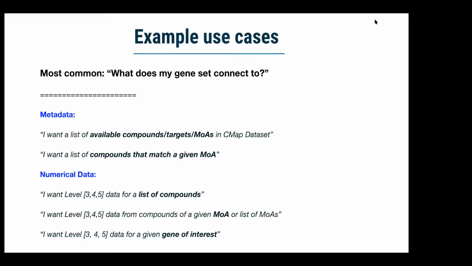You may also want compounds from a given mechanism and all of their associated data, or maybe slicing the data the other way and looking for the data across all signatures, but only for a given gene, maybe to identify perturbations that significantly modulate that gene in particular. So all of these use cases are made, I think, more efficient with this migration to Google BigQuery.